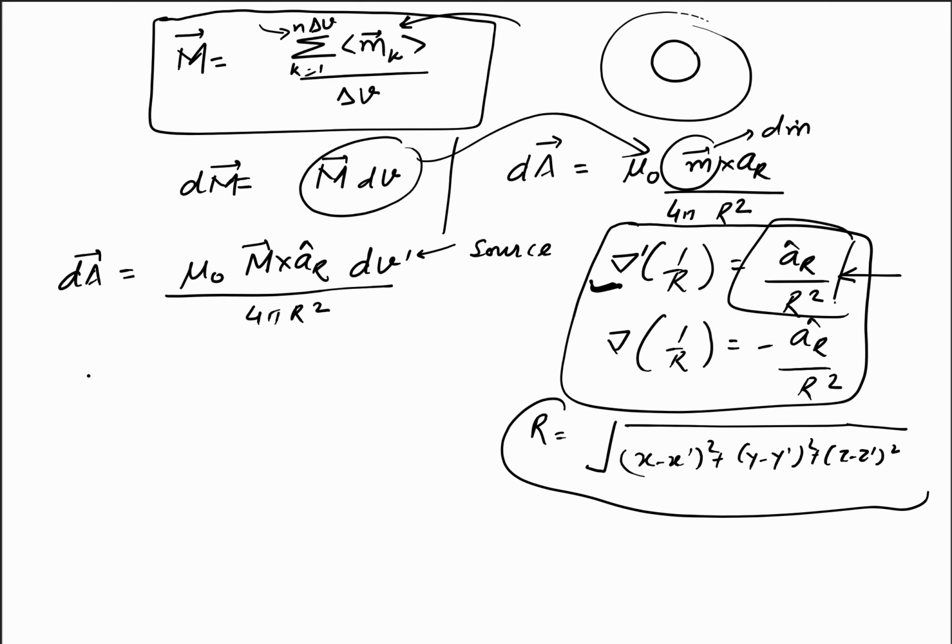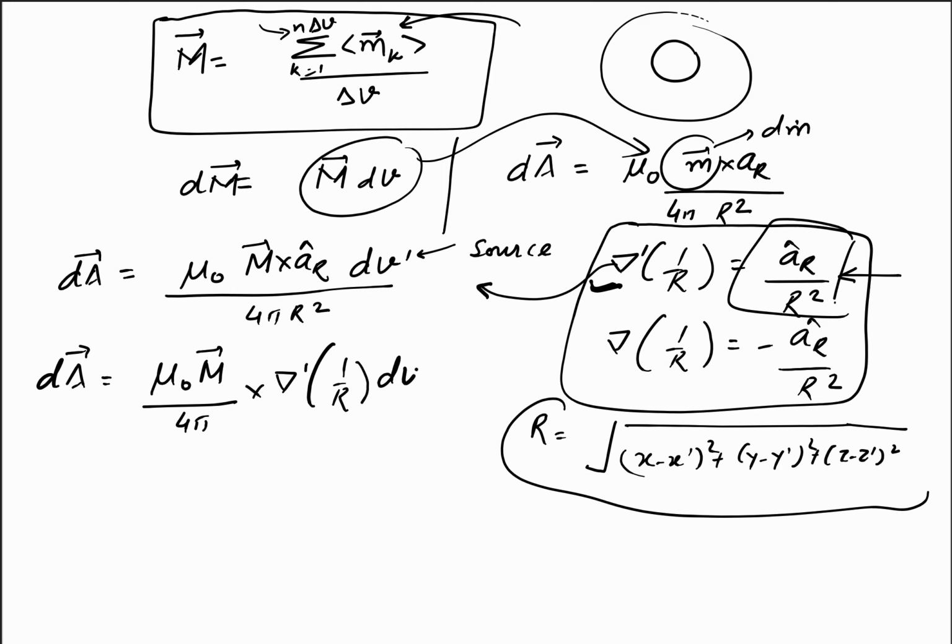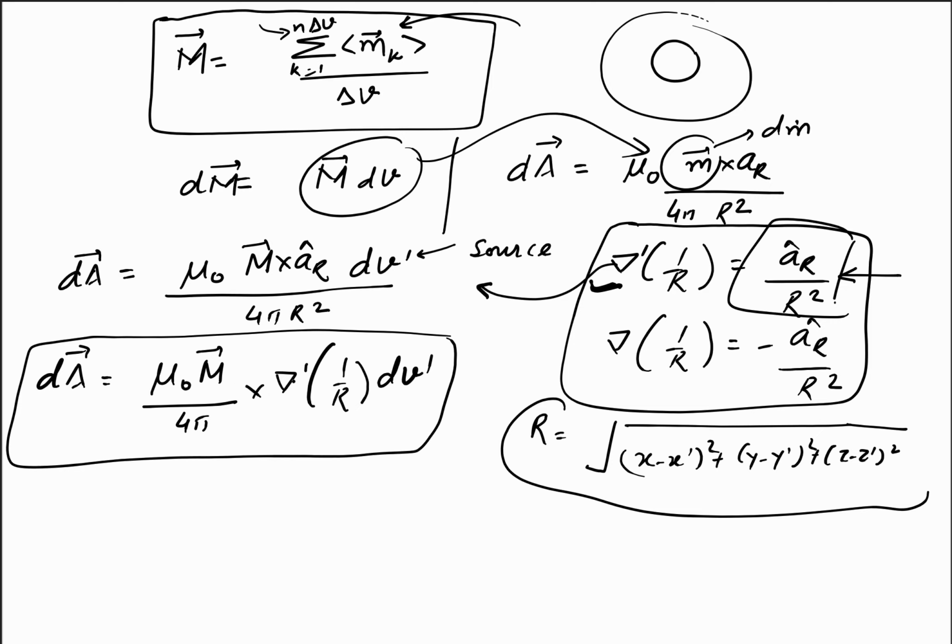So, using this in the equation, I can write the small magnetic vector potential as mu naught over 4 pi M cross del dash 1 by R dv dash. There is a reason that we are trying to convert and include the del operator somehow. We will see why.